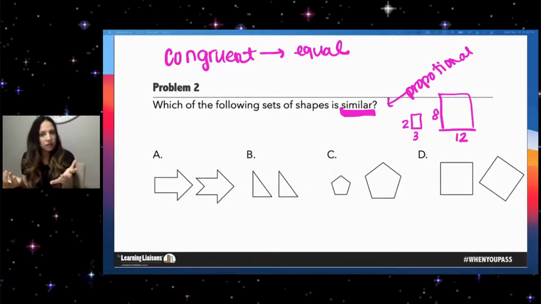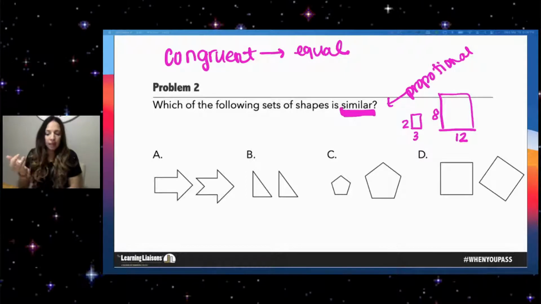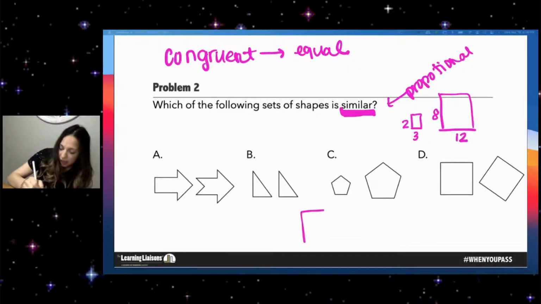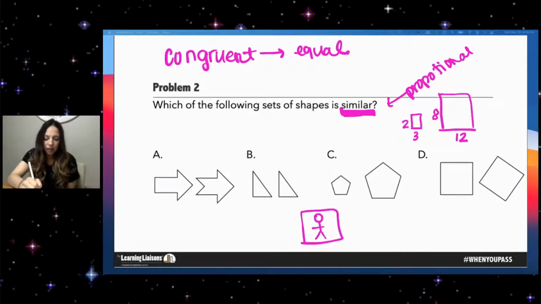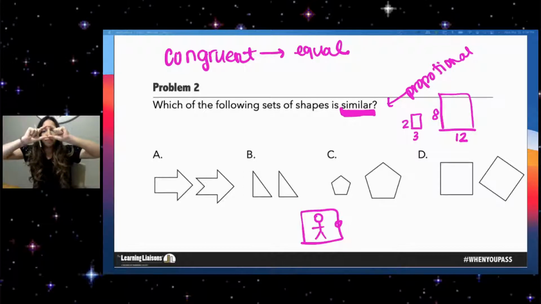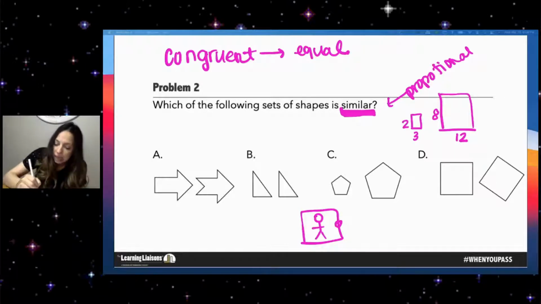Another way I like to think of similar is like when we're looking at an image in like Microsoft Word or Microsoft PowerPoint or something like that. If I take that image and let's say it's a person, and I drag it from this spot right here to make it bigger, what's going to happen? It's going to stretch it out and make it look like the person is standing in a funhouse mirror. Same thing if we stretch it from the top.